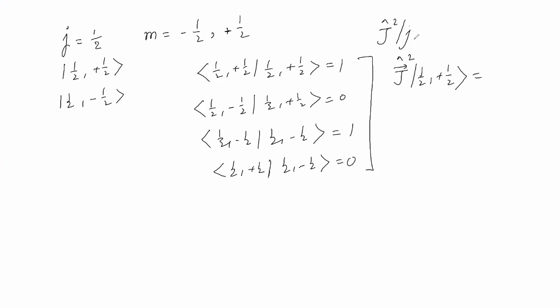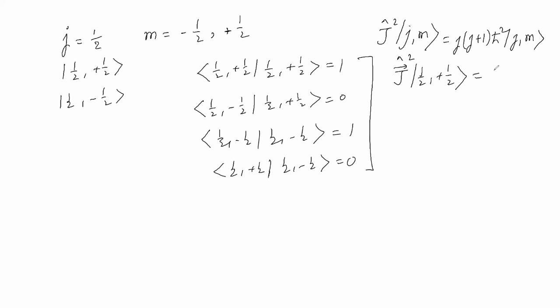What was J square on J M? This was J times J plus 1 H cross square. Okay? This was J square operating on J M. We have seen that alpha turned out to be equal to J into J plus 1. Therefore, this is J(J plus 1) H cross square. Therefore, what will be J square on half plus half?